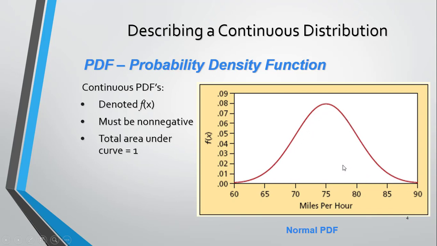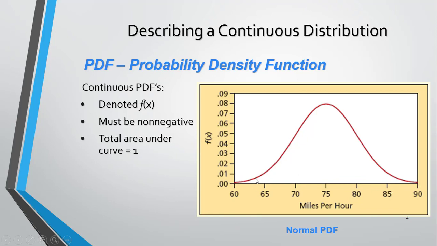Why is it 1? Because that covers all the possibilities. This red line does not touch the x-axis, because it just approaches the x-axis infinitely on both sides.